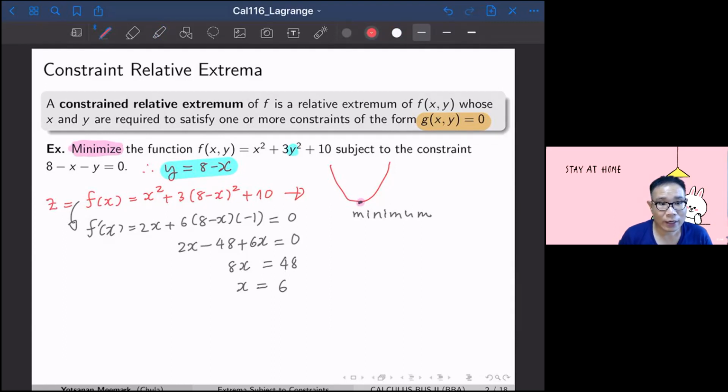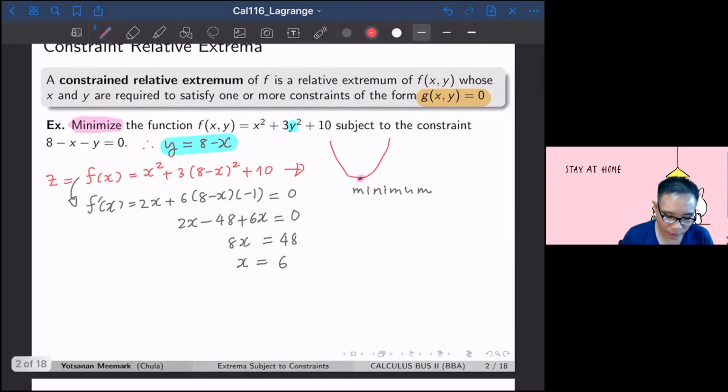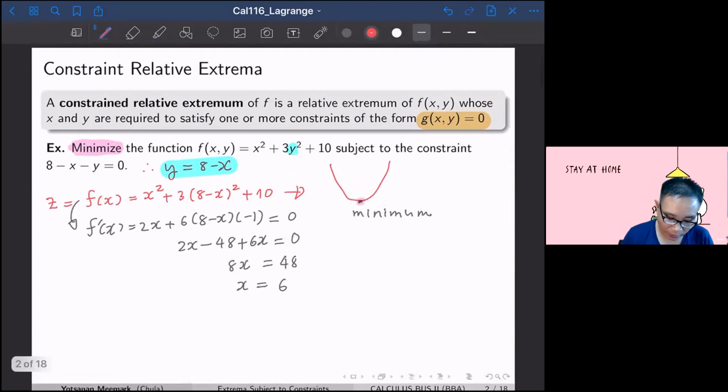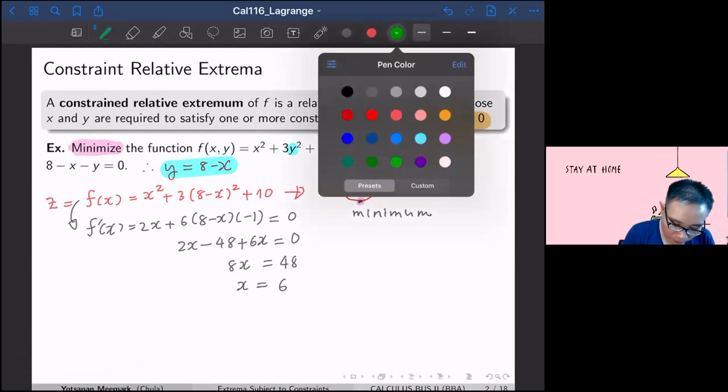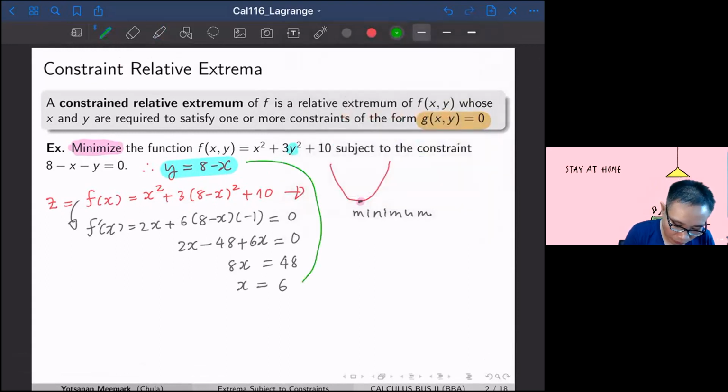Now you have to find the y that minimizes the function. In order to solve for y, you put this number into the constraint. So you have y equals 8 minus 6 equals 2.